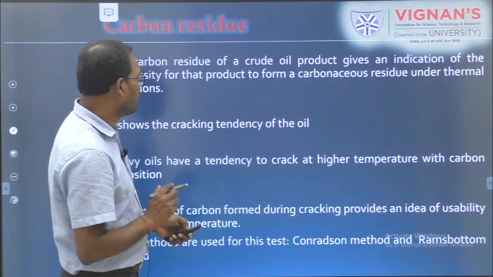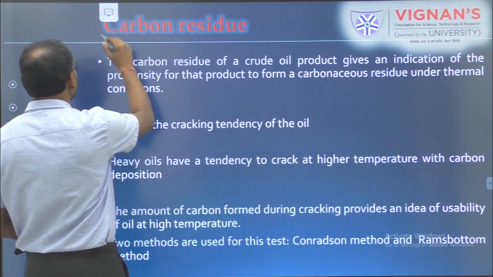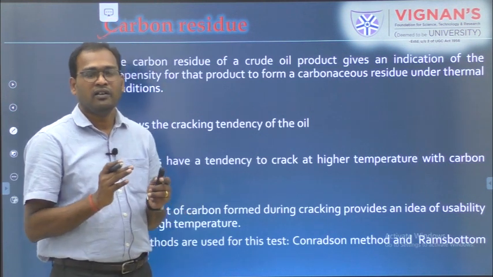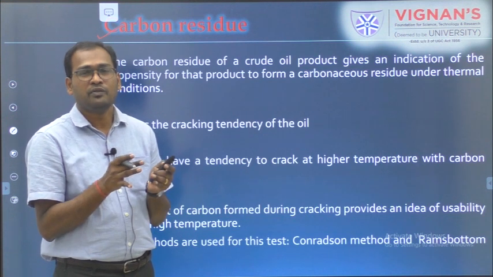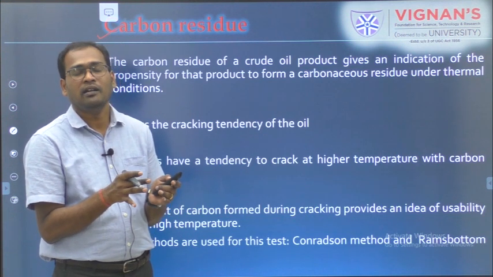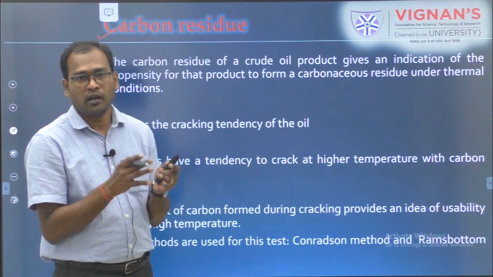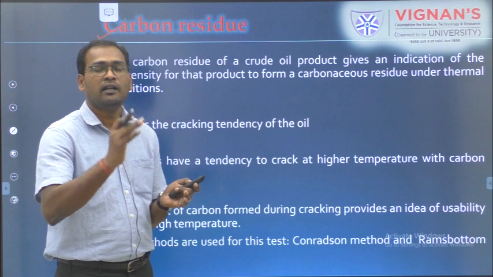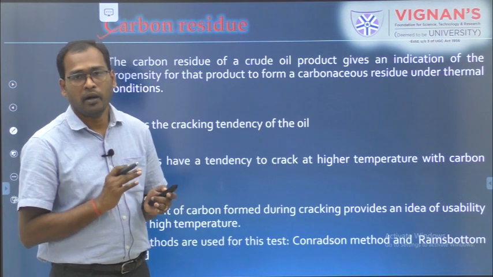Moving on to the next one, which is carbon residue. This is the amount of carbonaceous material that will be deposited over these instruments or metals when the oil starts combusting or burning.